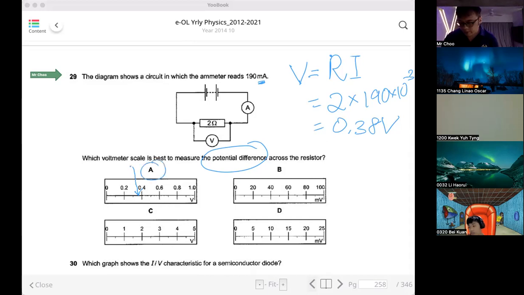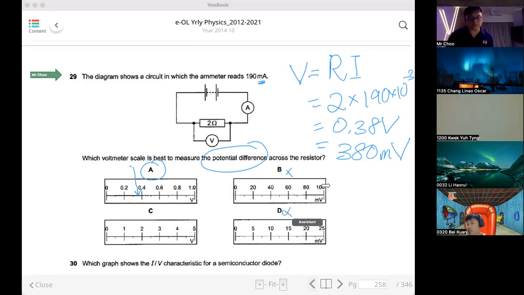Or you can find a millivolt scale, it should be 380. So B and D are beyond 380, so B and D are not correct.